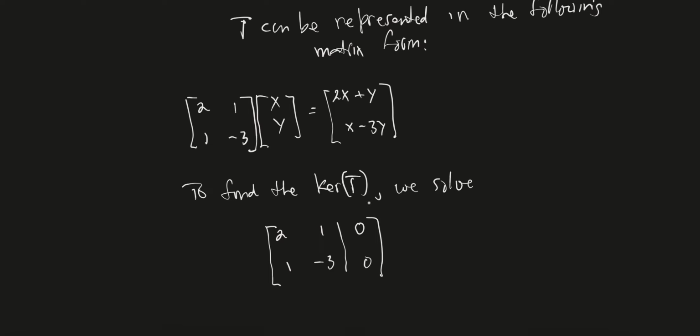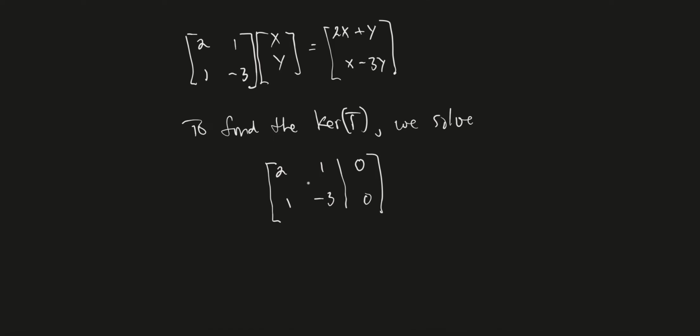We could go through the elimination, but if we realize that the coefficient matrix is invertible, then the matrix equation will always have a unique solution. And because the system is homogeneous, that unique solution will be the trivial solution. So I'm not even going to do my elimination.